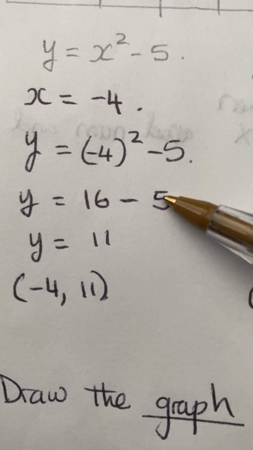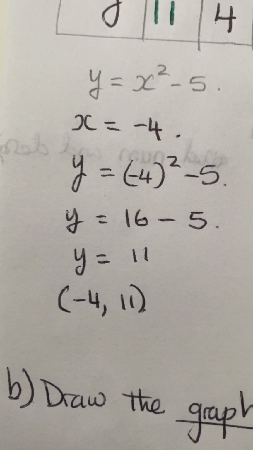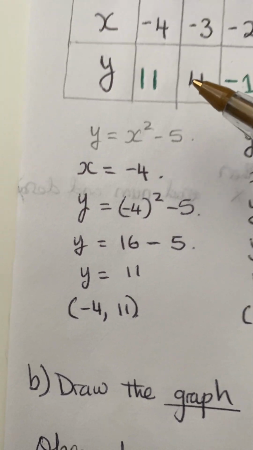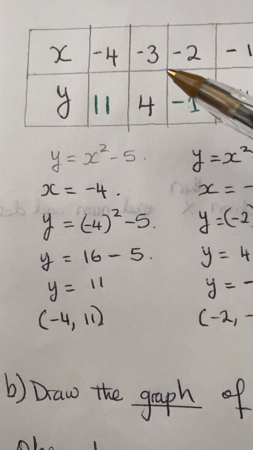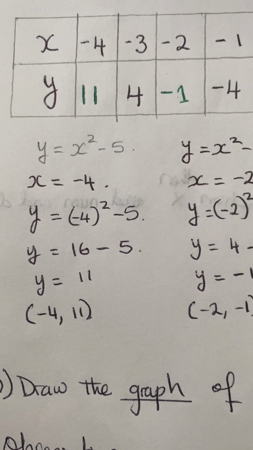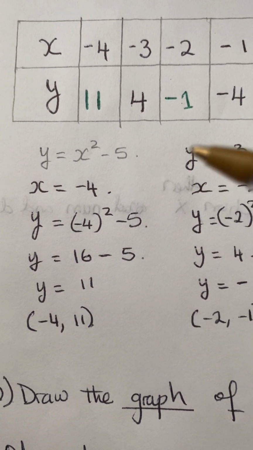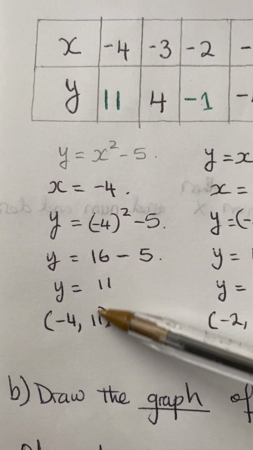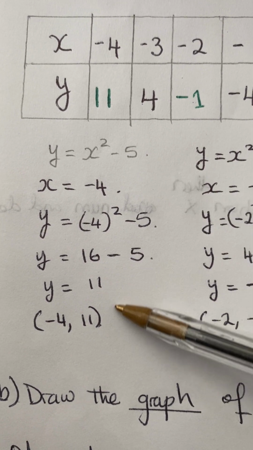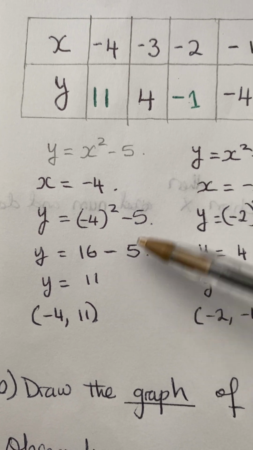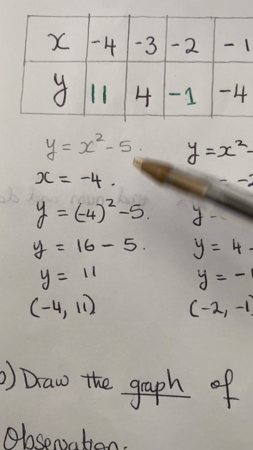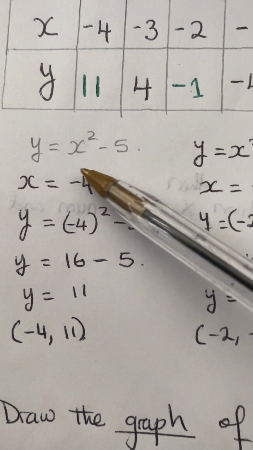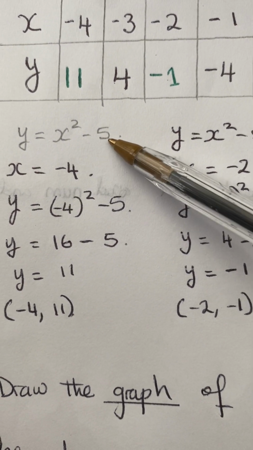The answer paper is yours. You won't get any marks for this, but at times students in the foundation group or some types of learners would like to do things this way. Because I'm explaining to you, I just want to show you how you can. So y equals x squared minus 5.